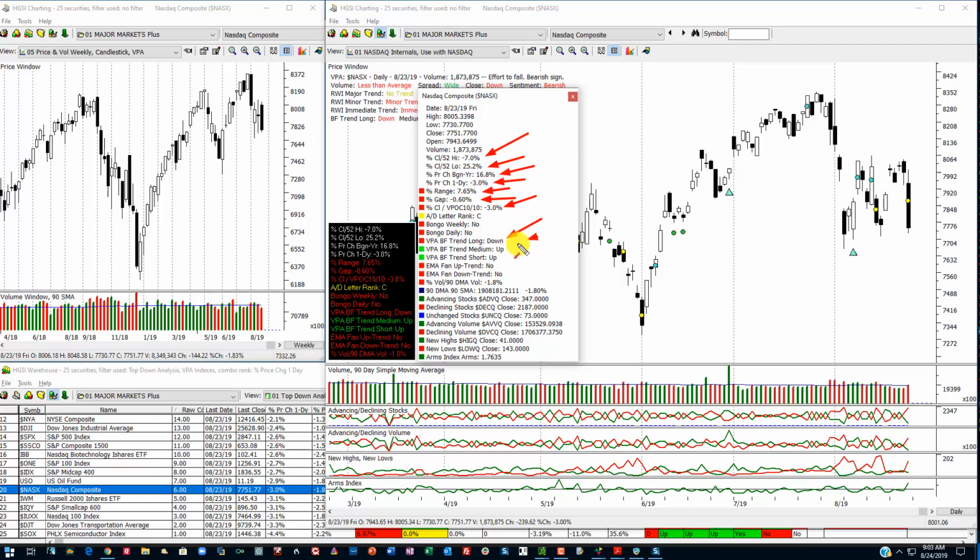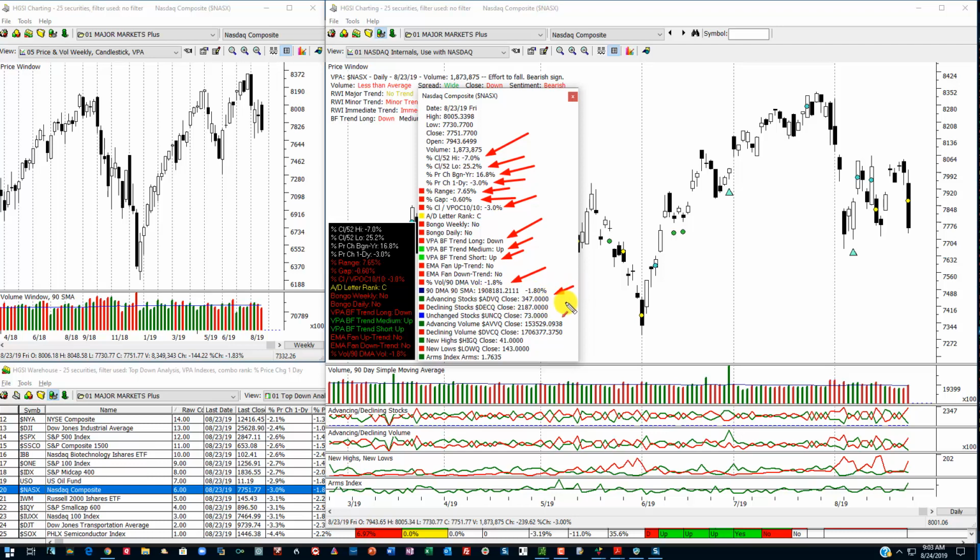The medium-term trend and the short-term trend are still considered up, which seems kind of strange, but those are mathematical formulas, and they just haven't kicked in yet. Neither an EMA fan uptrend or a downtrend is in place. The percent volume to the 90-day moving average volume was negative, as I pointed out, the light volume. And the simple moving average.